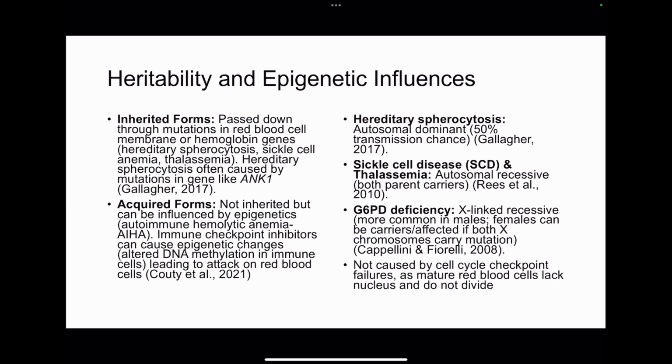And G6PD deficiency is actually X-linked, more common in males than females, but females can be carriers, and affected if both X chromosomes carry the mutation. It's important to note that hemolytic anemia is not caused by failures in the cell cycle, as mature red blood cells lack a nucleus and do not divide or undergo cell division.